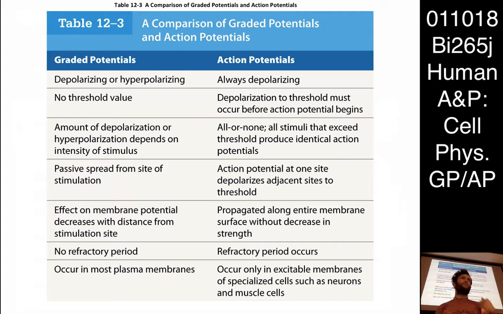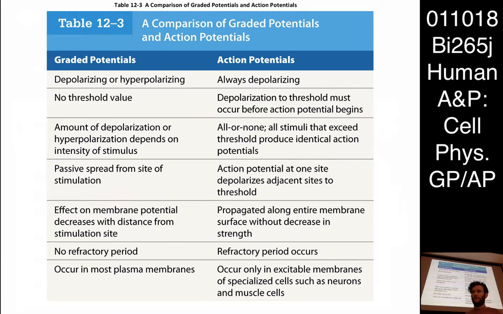Once you reach threshold at one site along an excitable membrane, adjacent sites are going to be triggered until all of the excitable membrane has been triggered. It gets propagated along the entire length without any loss of strength in the signal.